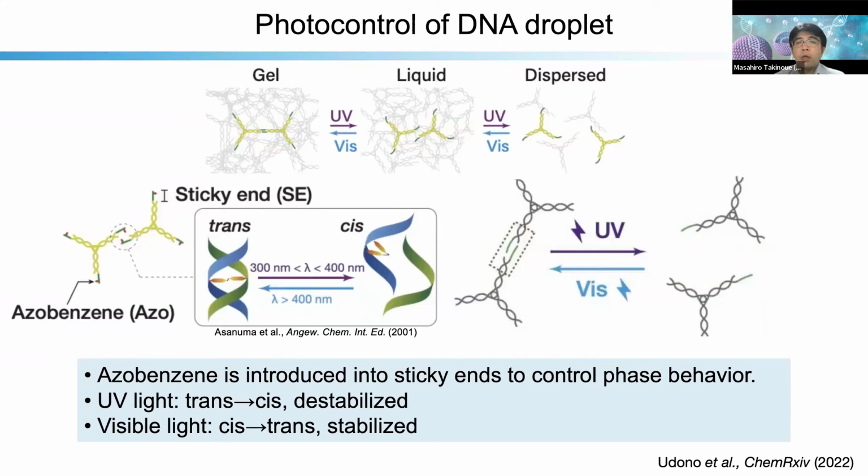Therefore, by UV irradiation, the DNA hydrogel here is changed to the liquid or the dispersed phase from the gel state. And on the other hand, by the visible light irradiation, the dispersed or the liquid phase changed to the gel state.